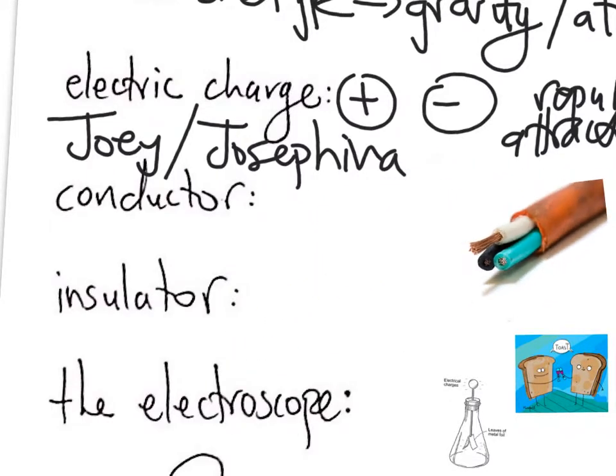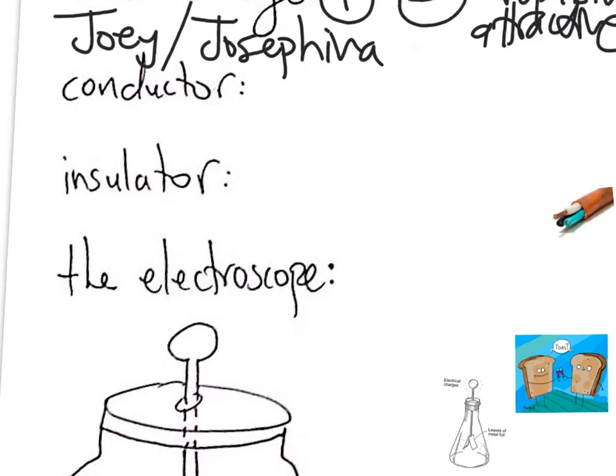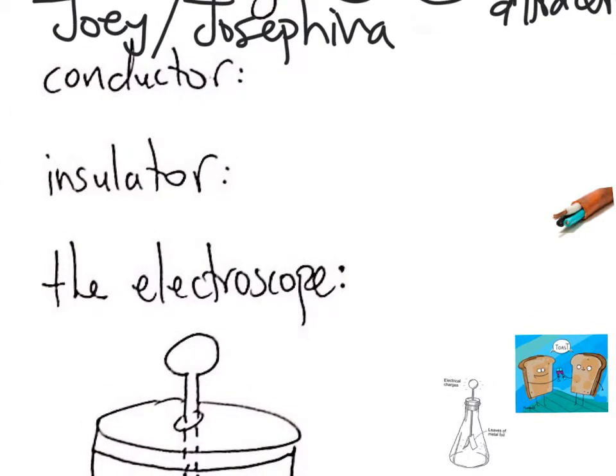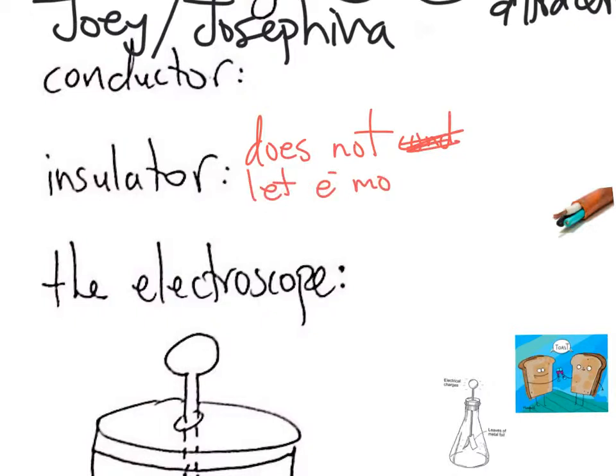And I think you kind of intuitively know what these words mean. An insulator is something that does not let electrons move. Whereas a conductor, we say that electrons move relatively freely.